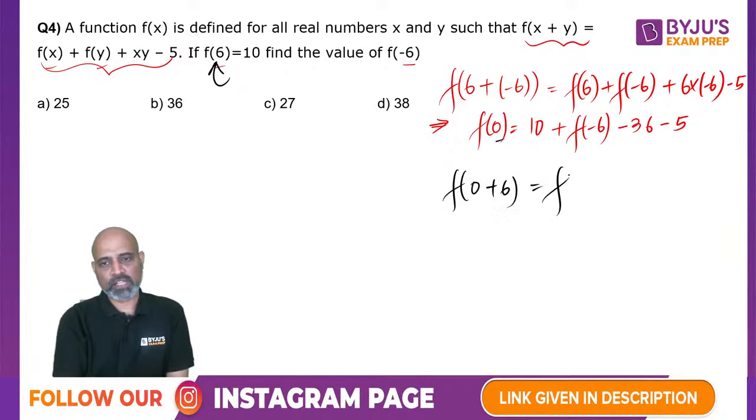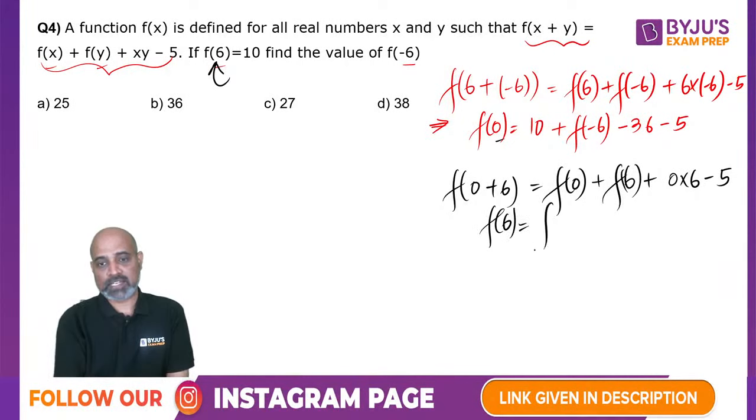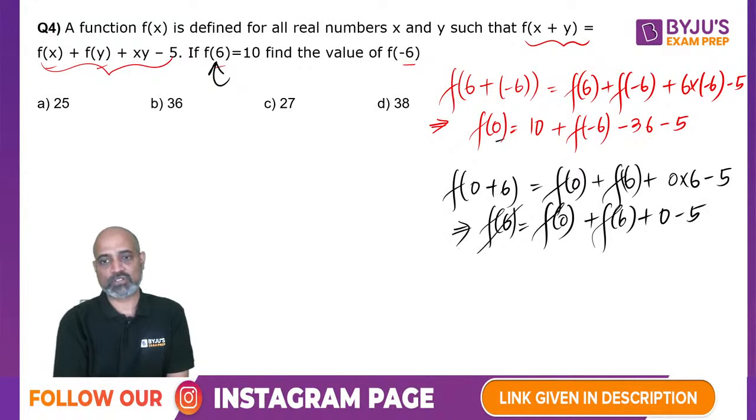don't you think this will help us figure out what f of 0 is? This results in f of 6 is equal to f of 0 plus f of 6 plus 0 minus 5. So f of 6 you don't even have to put.